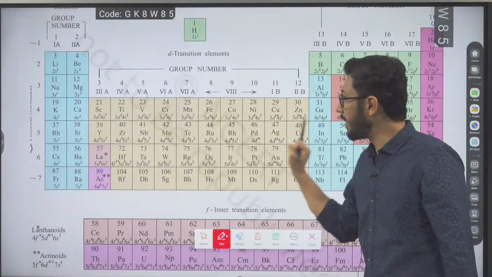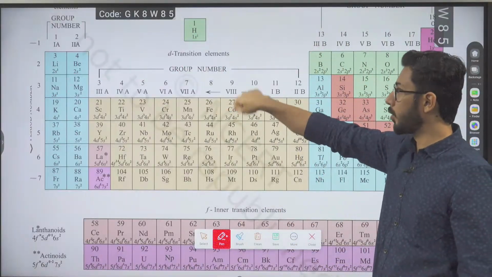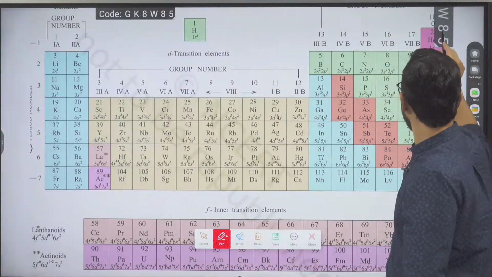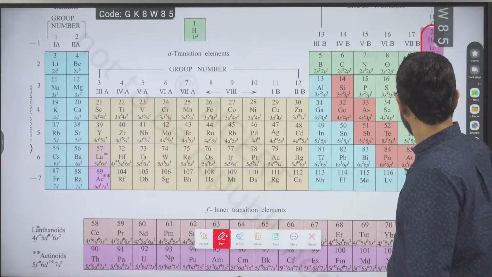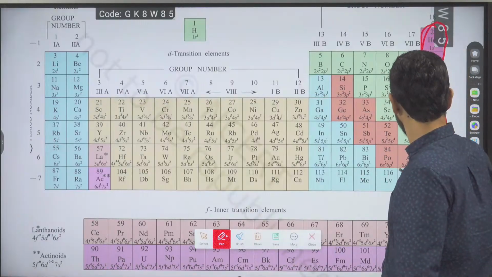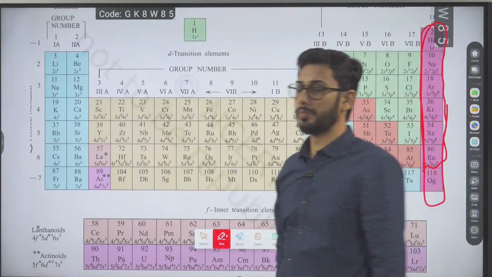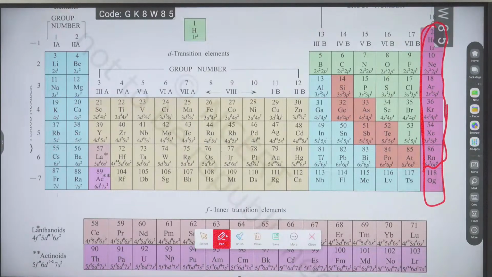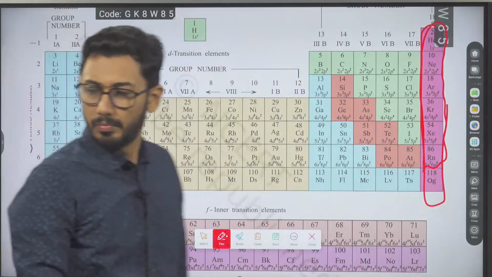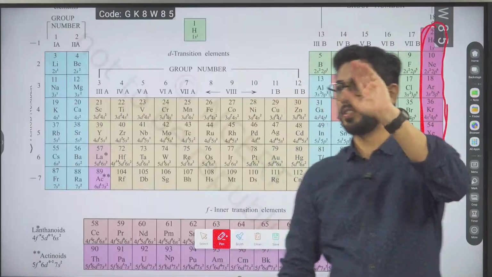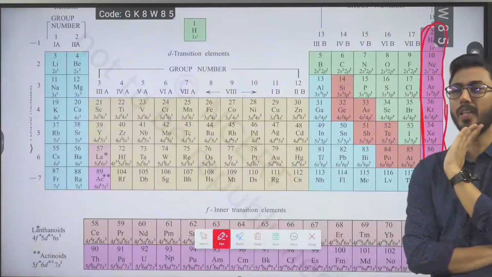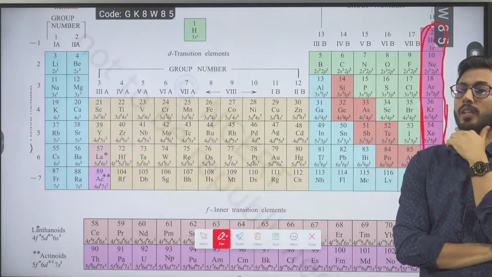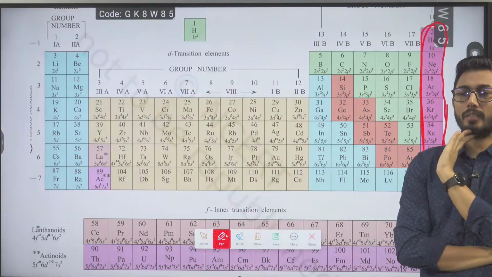So last one, group 18. After that, in the next class we will talk about group 3 to group 12. Last one, students, group 18.